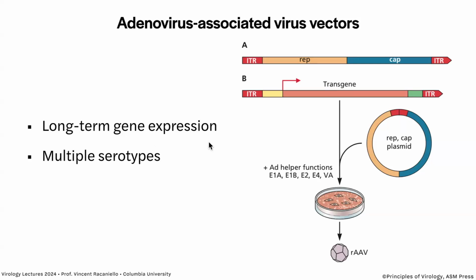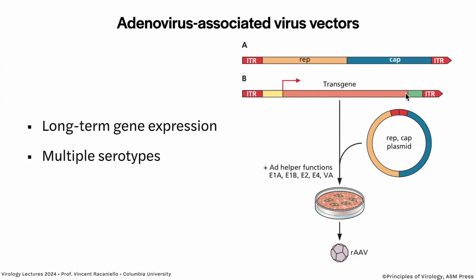And so in practice, what you do is you take the genome here at the top, which has inverted terminal repeats, the rep gene, and the cap gene. You delete rep and cap, and you put a transgene in there. You make sure there's a promoter to drive transgene transcription.